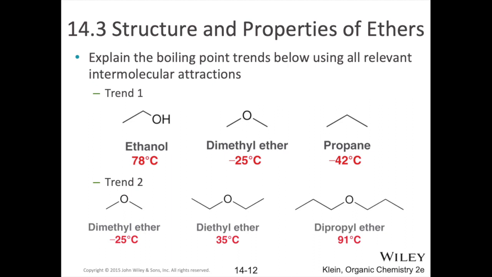Well, the bigger your ether starts getting, the more electron density you have to play with, and your boiling point starts going up just because of increased London dispersion forces. And that's what we see in this trend here. So even though we are increasing the nonpolar regions, the fact that we can increase the level of London dispersion forces is why a larger ether has a higher boiling point than a smaller ether.